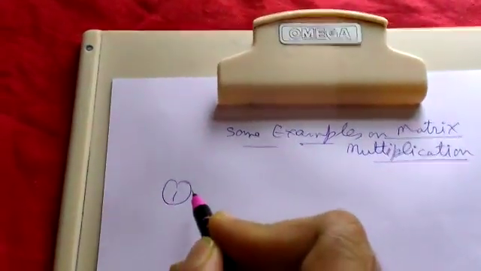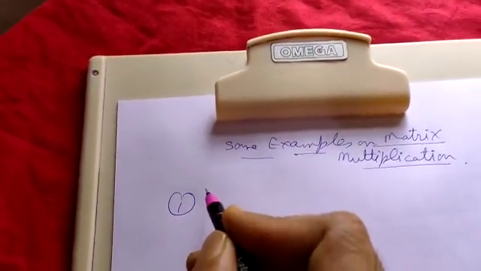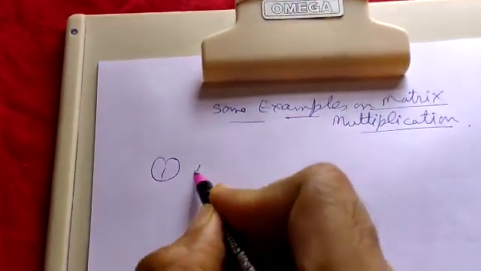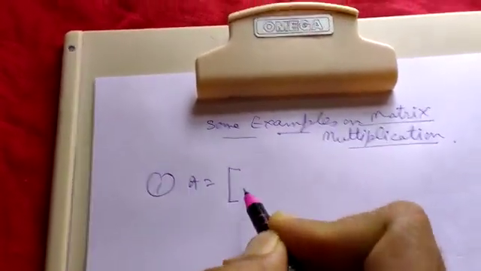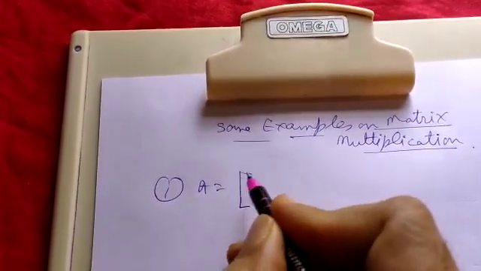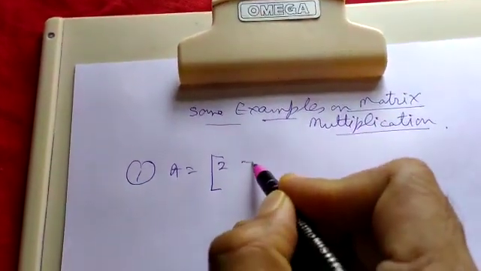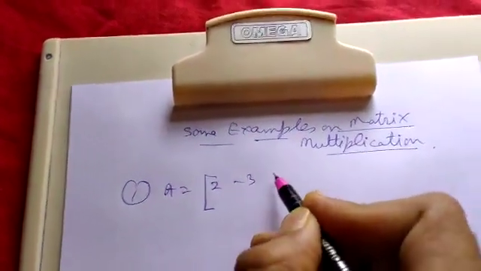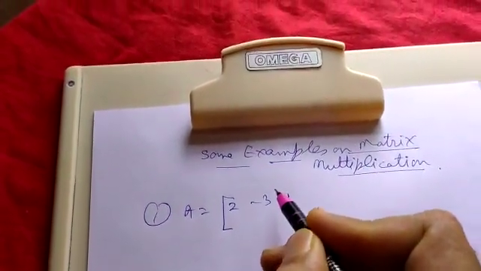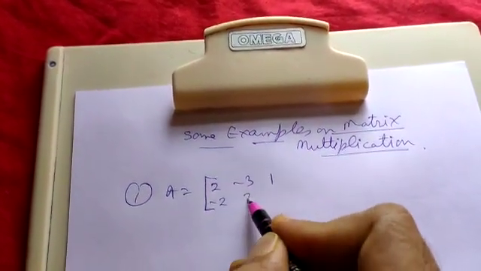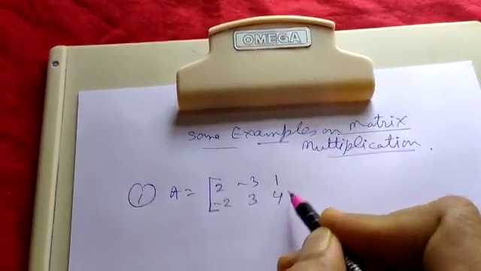So let us take the first example. Suppose let A be the matrix A equal to 2 minus 3 1, then minus 2 3 and 4.